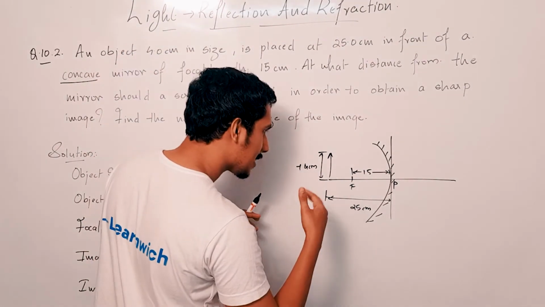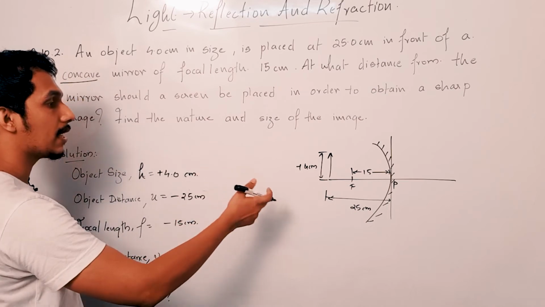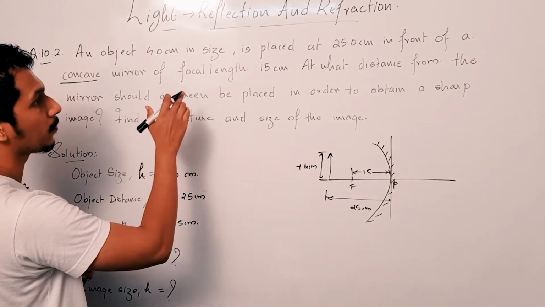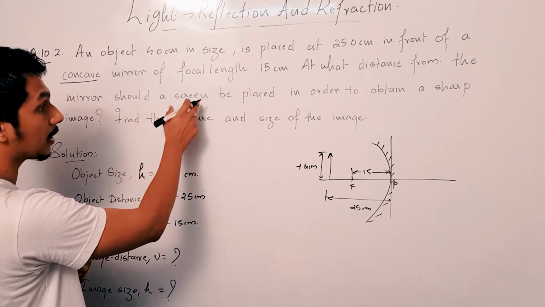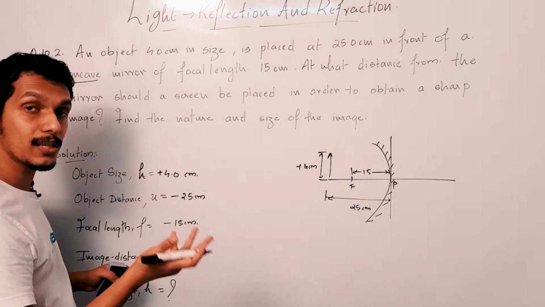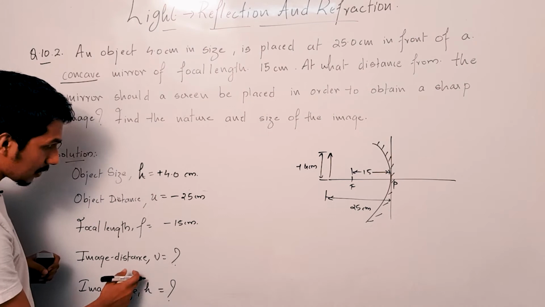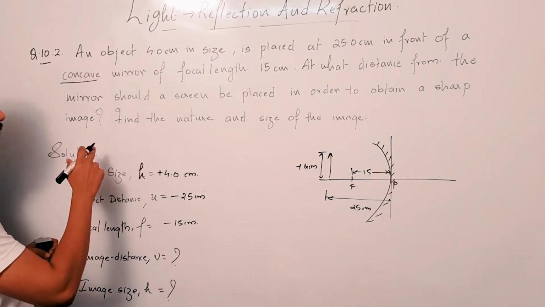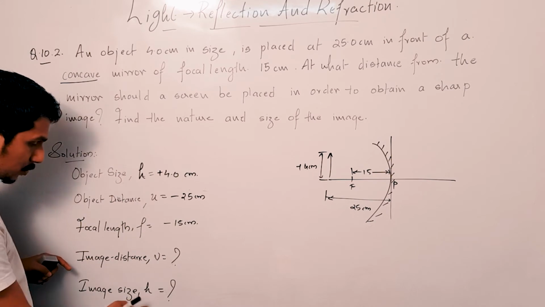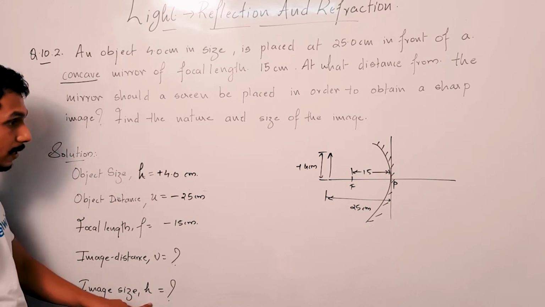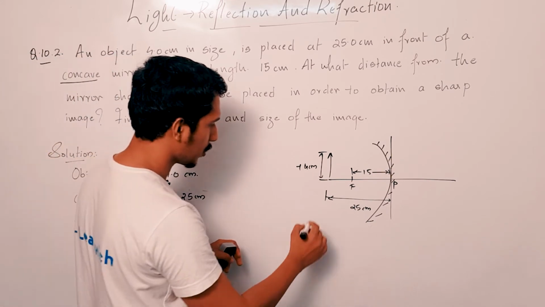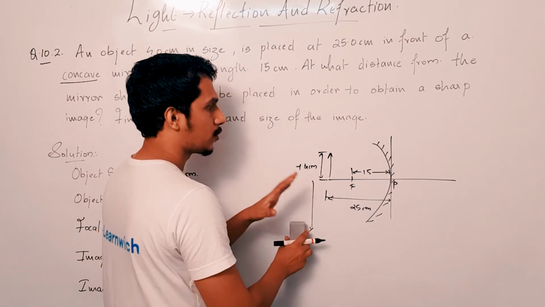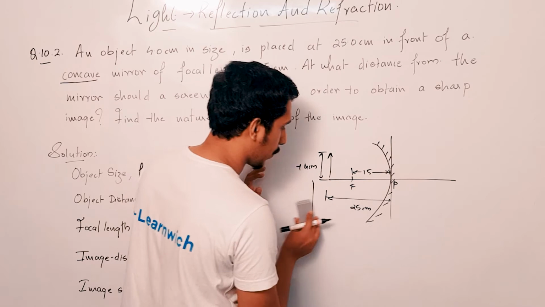It is simply asking you the image distance v, which I don't know. And find the nature and size of the image. Size is asked, so h dash is also here. You have to find out the height of the image. The image is mostly inverted. So please draw it. We'll proceed with the question now.